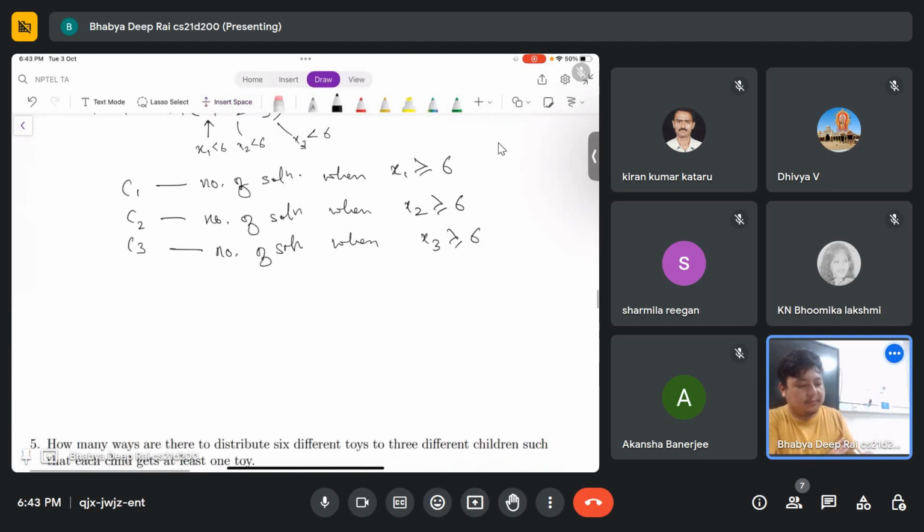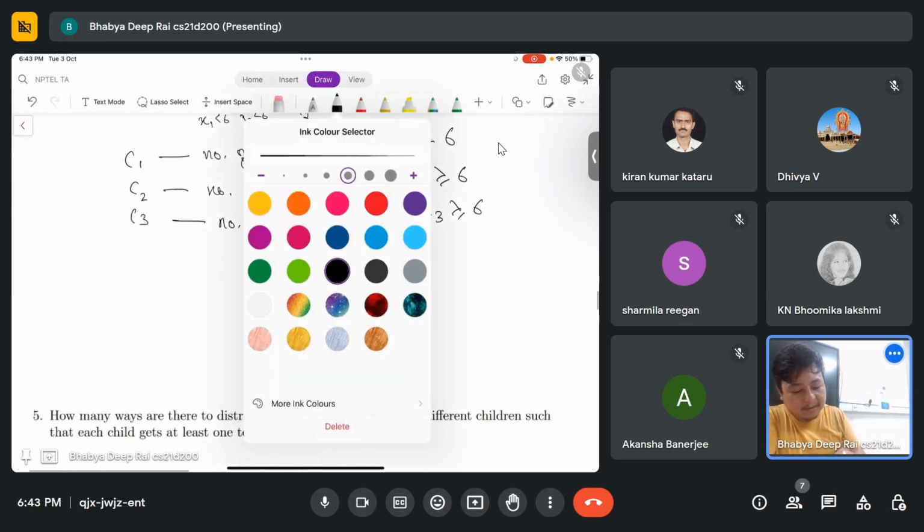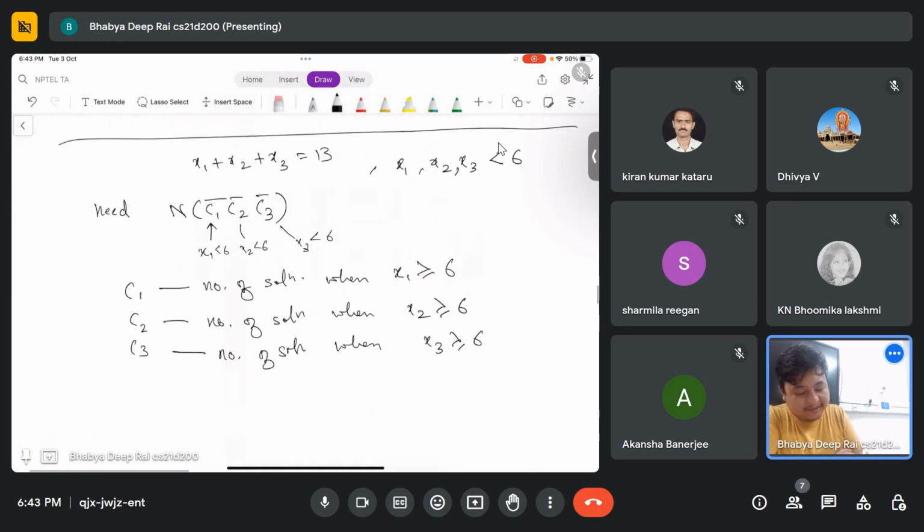So now what is this? This is nothing but the number of solutions when x1 is not at least 6, which is nothing but x1 is less than 6, and c2 bar, which means x2 is less than 6, and c3 bar, which means x3 is also less than 6.